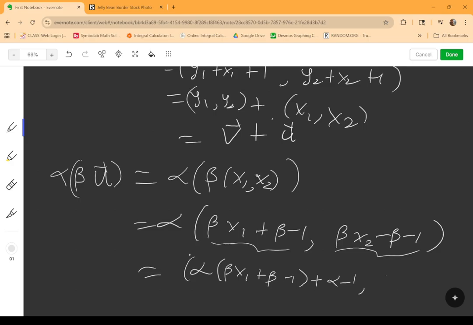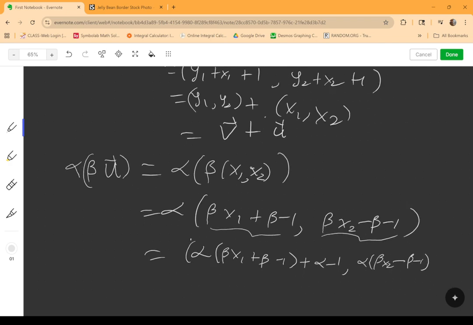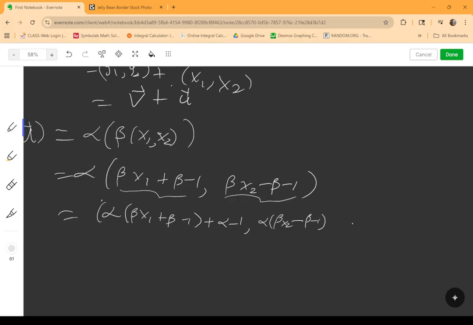And here, alpha times (beta x2 plus beta minus 1) plus alpha minus 1. Okay, so it would look something like this. All right, and then we simplify here.